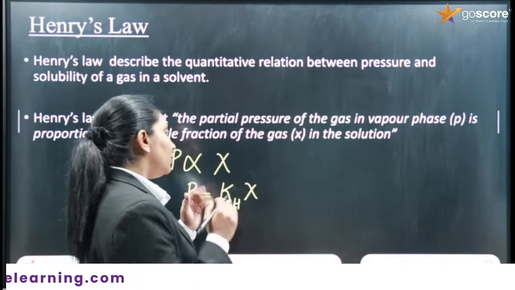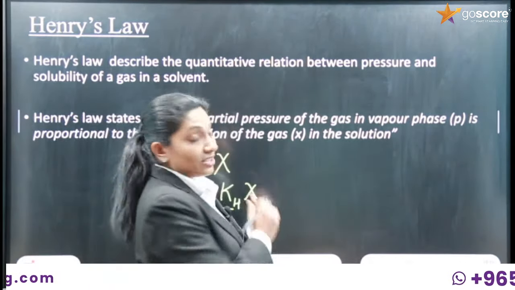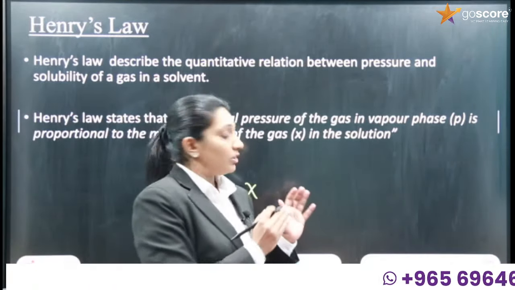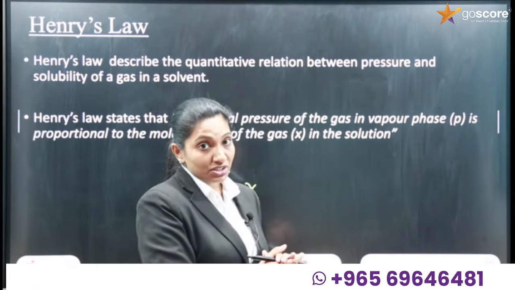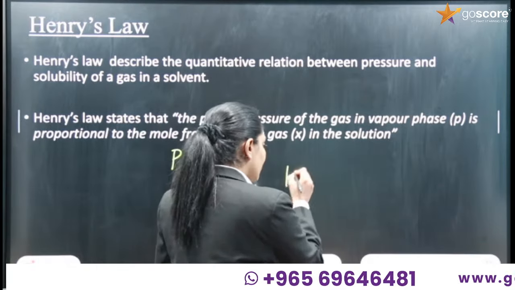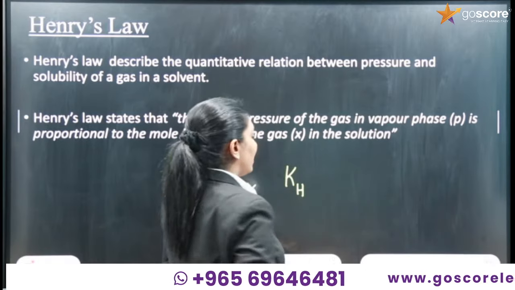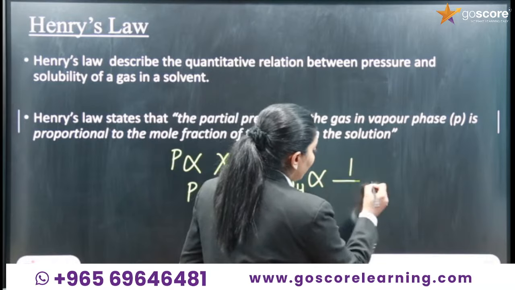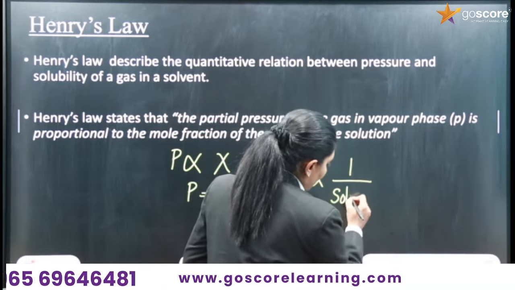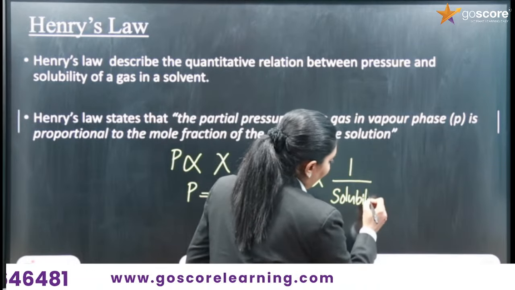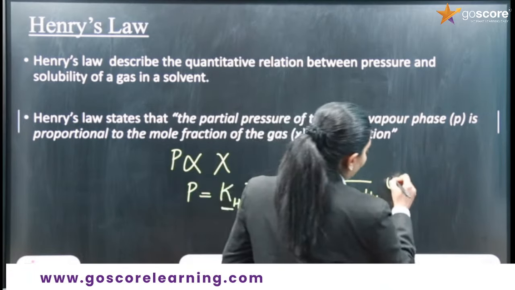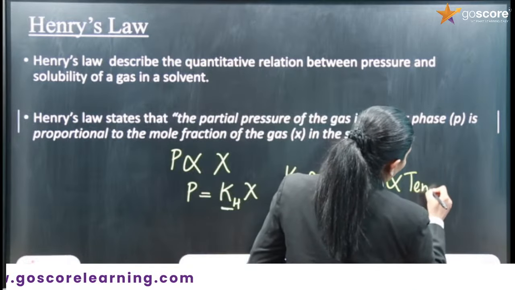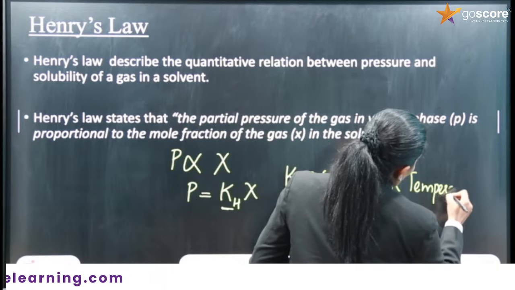In this section we have already shown a very important relationship between the Henry's law constant, solubility and temperature. That is, Henry's law constant is inversely proportional to solubility and directly proportional to temperature.